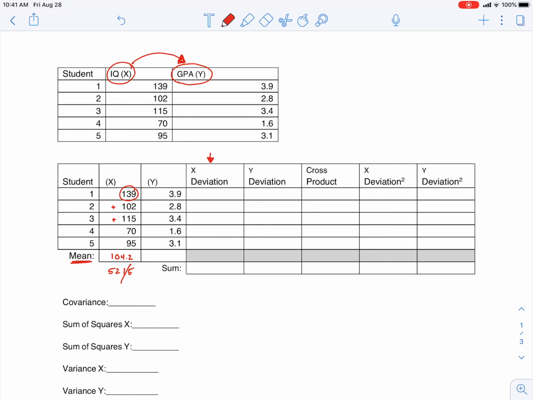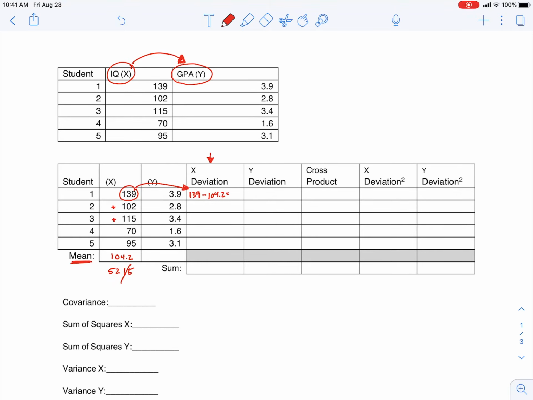Once we've done this, now we need our x deviation. We want to know how much does our observed value of 139, right there, how much does that deviate from our expected value? In other words, the average IQ score of all the students, which, if I did my math right, is 104.2.